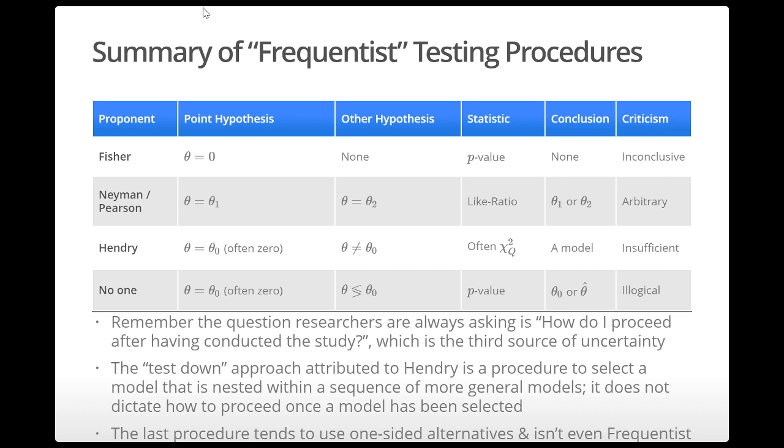But if that's just where you stopped, then it would be insufficient, I think, for a lot of applied science because it wouldn't tell you what to do. I've rejected the null hypothesis that theta is 0 in favor of the alternative hypothesis that, let's say, theta is positive, but just concluding that theta is positive is often inadequate.